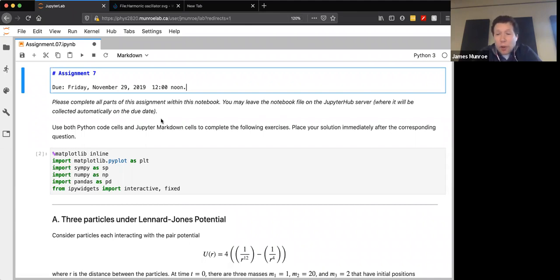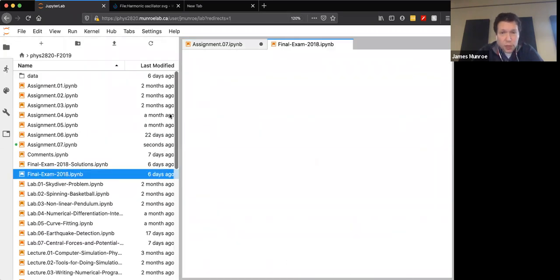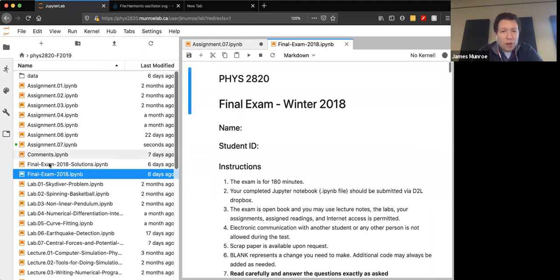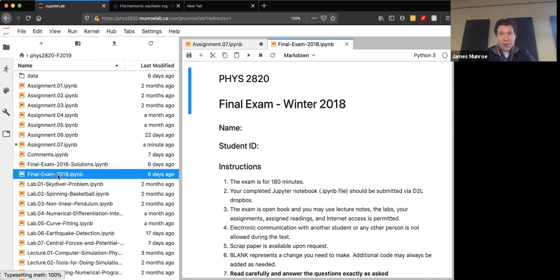Okay, there was another question: are you going to be posting a sample final? I did. So, this is the final I was using last year. I haven't posted the solutions, but you know what? I will. I'll post the solutions right after this lecture as well. But here's the thing about this final exam.